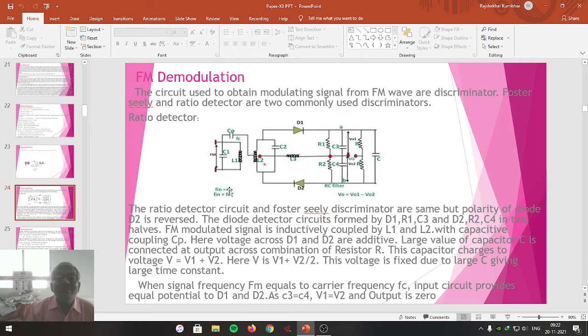Frequency modulation is a process in which the high frequency of the carrier wave is changed in accordance with the frequency of the signal to be modulated. That modulating frequency is Fm and the carrier frequency is Fc. If both are equal, it provides equal potential to D1 and D2.